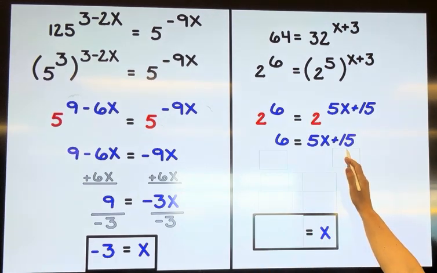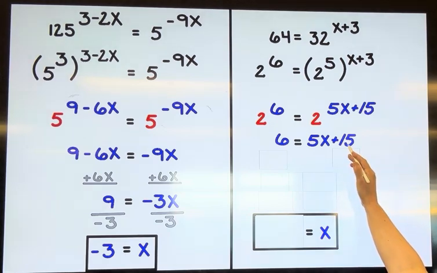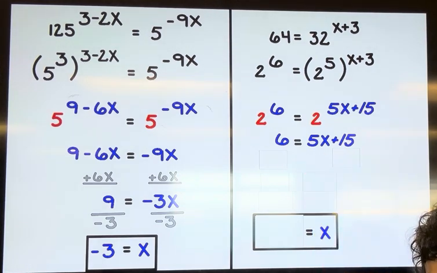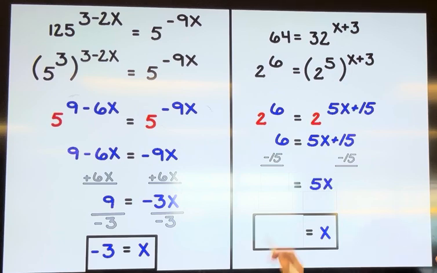And then finish solving, letters on one side, numbers on the other. So move the 15 to the other side by subtracting it. And then I still have 5x there on the right. And 6 minus 15, on a good day, is negative 9. Get rid of times 5 by dividing by 5. And so I end up with negative 9 over 5 as my final answer.